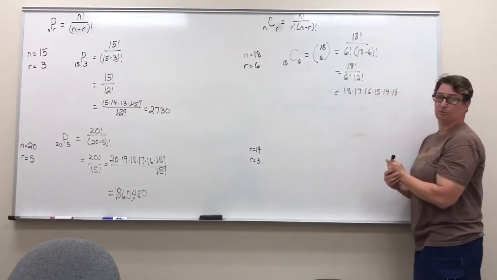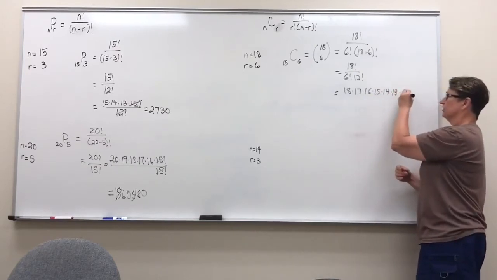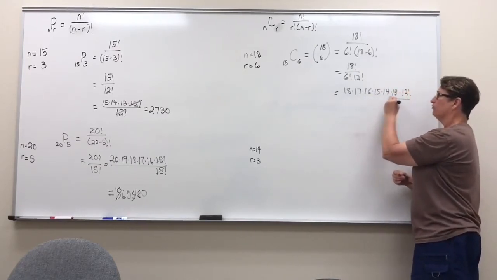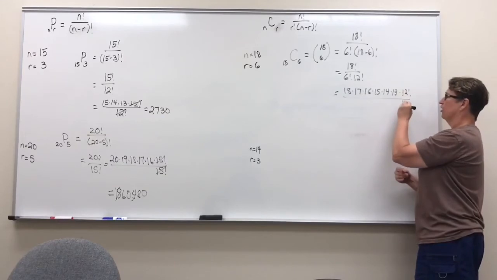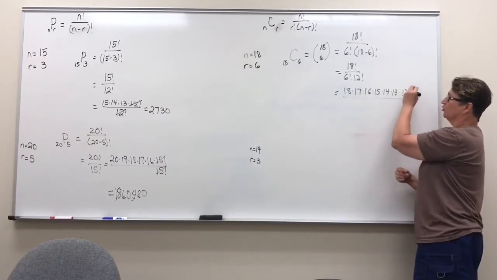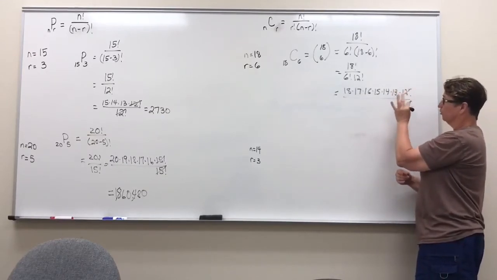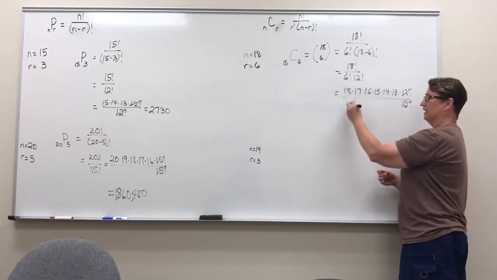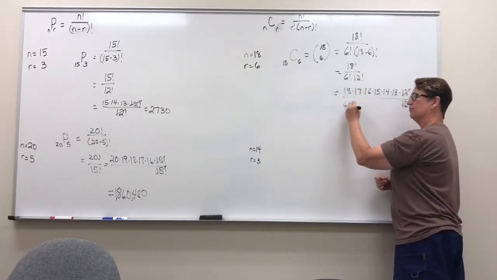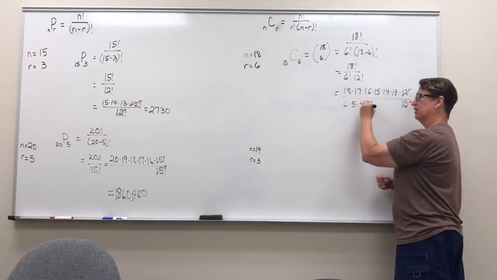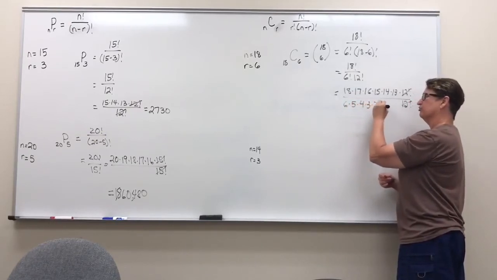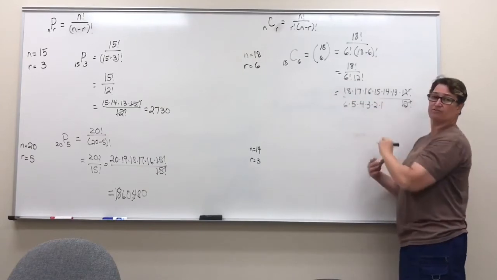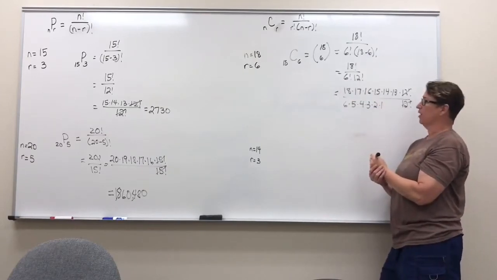When I get to this point, this 12 factorial here and this 12 factorial on the bottom are going to cancel, reduce to 1. 6 factorial means 6 times 5 times 4 times 3 times 2 times 1. That's what that 6 factorial means down on the bottom.